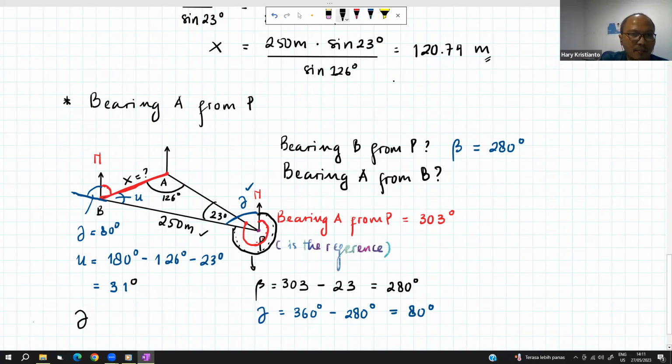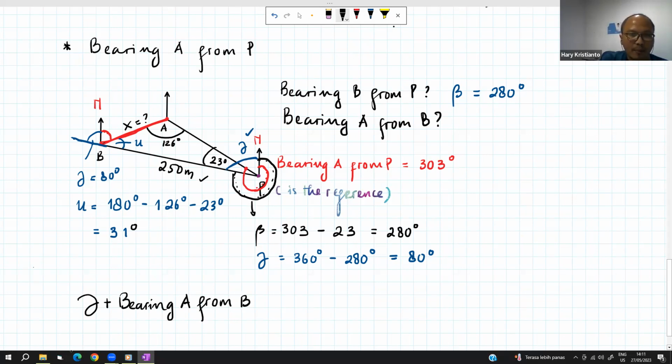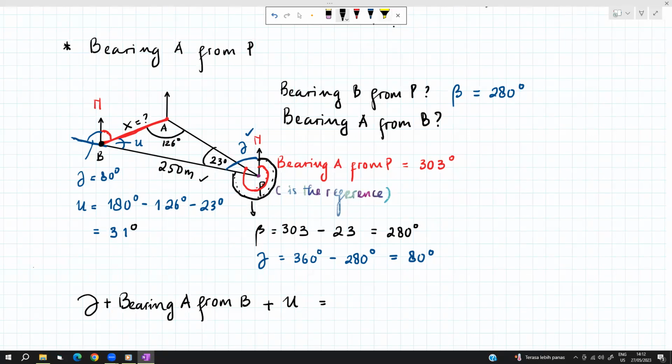Angle gamma plus bearing A from B, which is us, plus angle U equals, since they are at the same point here, they equal 180 degrees, do you know?